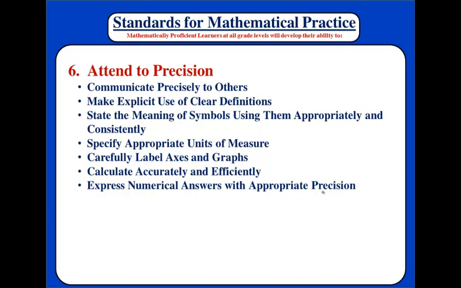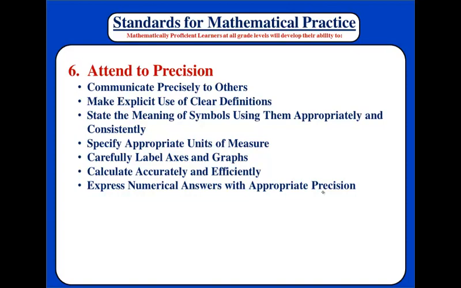But we need to actually make statements, and those statements we need to be precise and true. We need to be sure we pay attention to our units of measure and specify them. If we have a problem, there's a big difference in a length being 3 centimeters and 3 miles. It makes a difference. We need to make sure that we say their appropriate unit and include that. That's an important part of the problem.